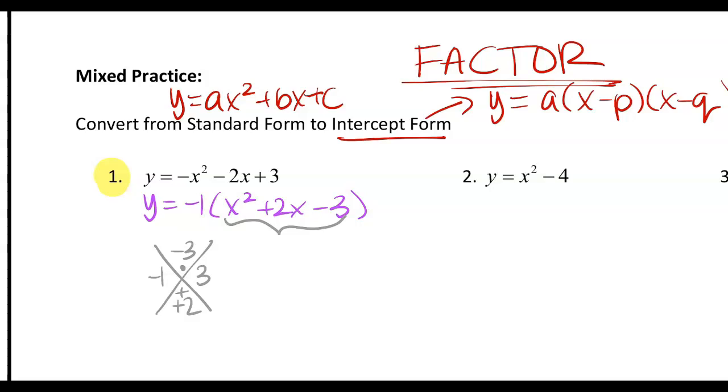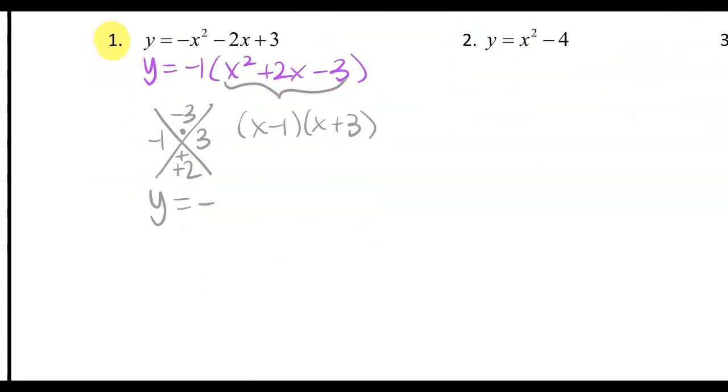From here, I'm going to write both of my binomials. Since this leading coefficient in front of x squared is a 1, I can rewrite this as x minus 1 and x plus 3. So I kind of have everything written out. I know my a, I know my x minus p, x minus q. Let's write it as one big equation. So I'm going to write this as negative, you don't have to put the whole 1, but negative, parentheses, x minus 1, x plus 3.